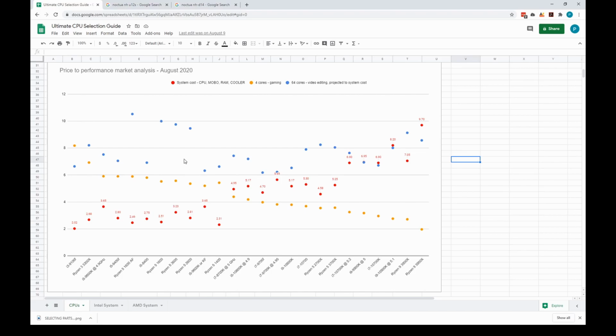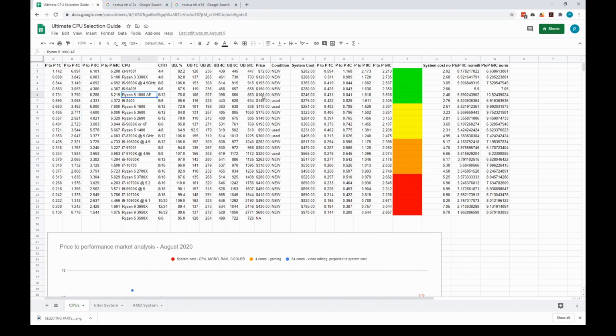Okay, with this graph, you can see that for price to performance in terms of 64 cores, there are 4 processors that stand out. Let's see, we have the Ryzen 5 1600AF, and this processor is priced at 105.